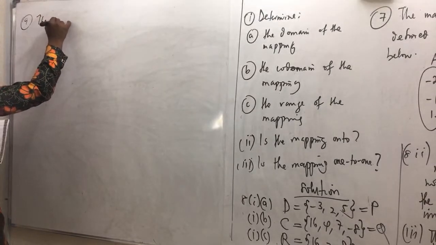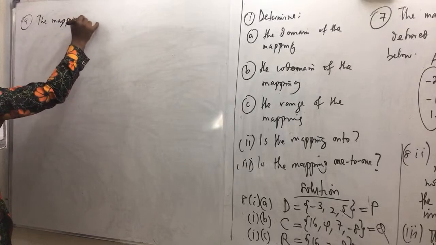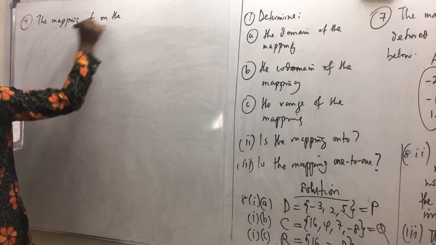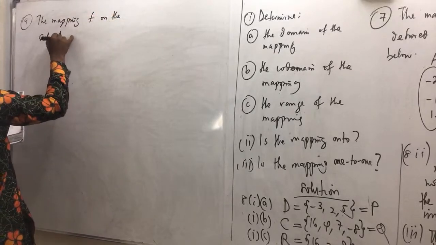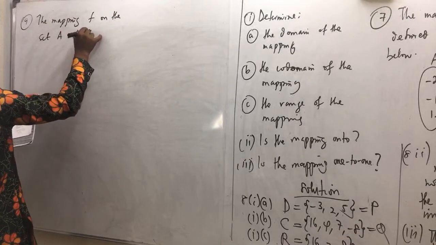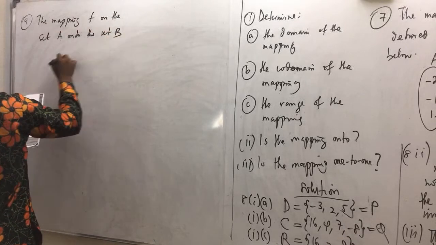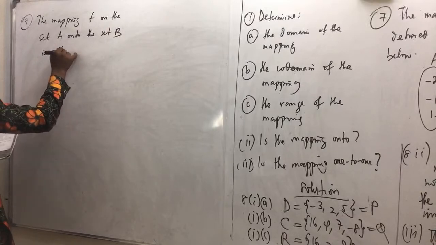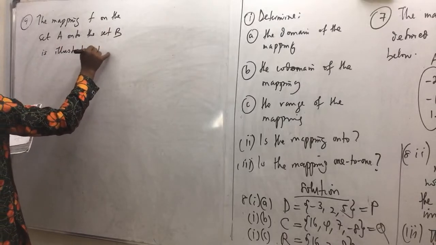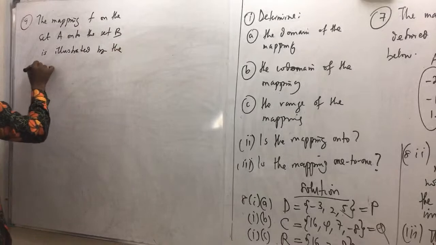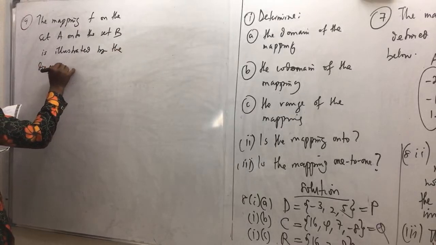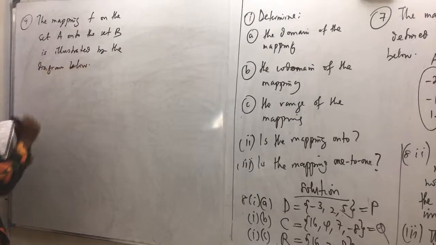Question 9 says the mapping F on the set A onto the set B is illustrated by the diagram below.